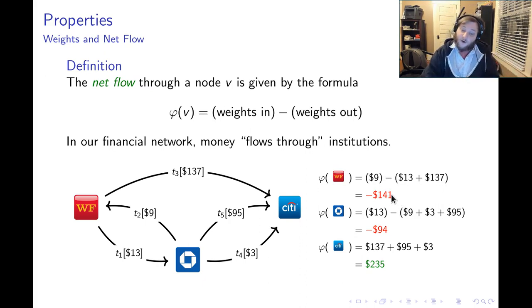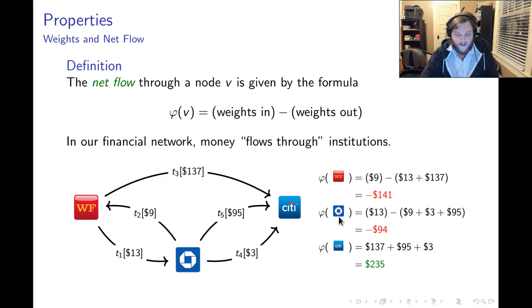So in this model, the net flow through Wells Fargo is -141. Wells Fargo is down money for the day if this represented all of the transactions that they conducted throughout the day.